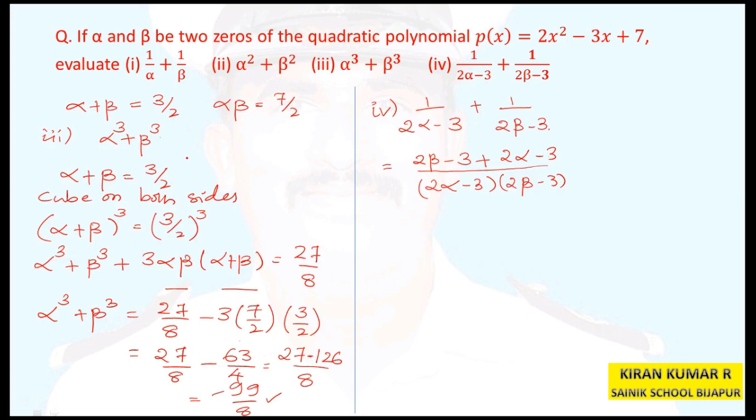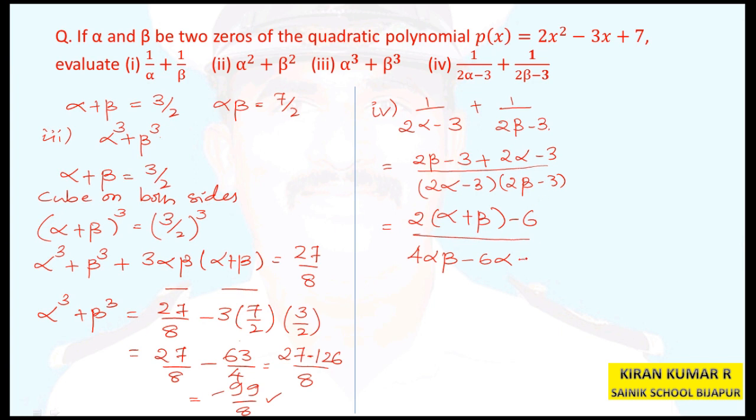In this 2 times alpha and 2 times beta, I'll take 2 as common. I'll be getting twice alpha plus beta minus 6 upon, let me multiply this 2 alpha to both these terms. I'll be getting 4 times alpha beta minus 6 times alpha. Now I shall multiply minus 3 to both these terms.